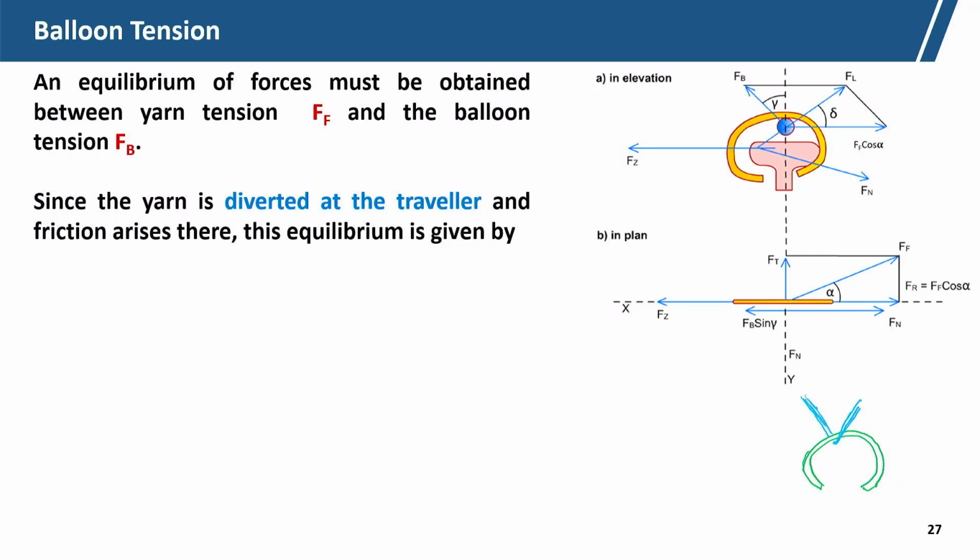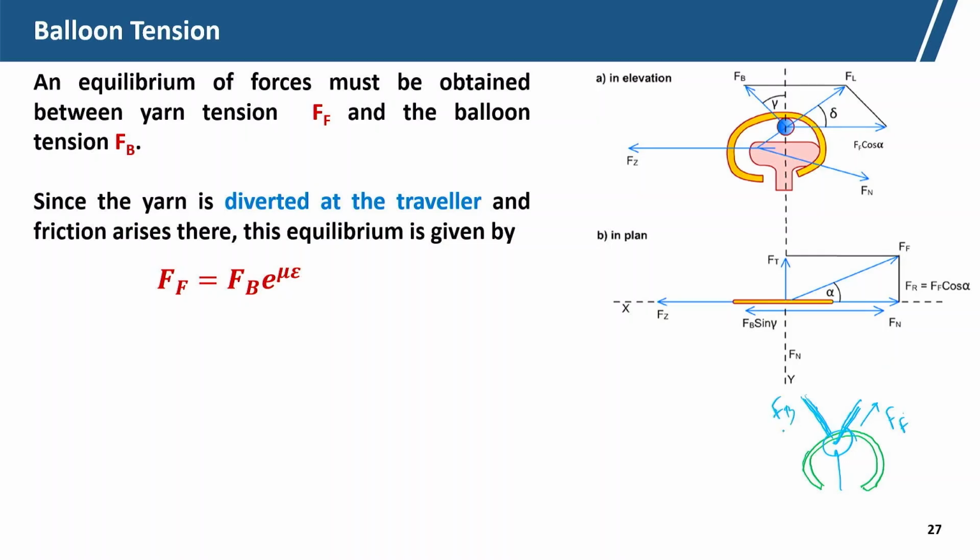At this zone there will be friction. So, the yarn is diverted at the traveler and the friction arises there. The equilibrium is obtained by F f, that is the yarn tension F f, and this is F b.